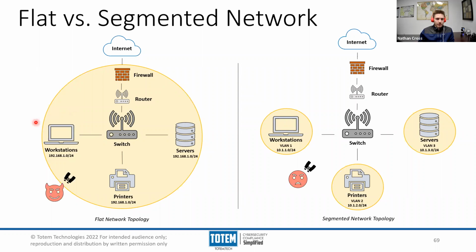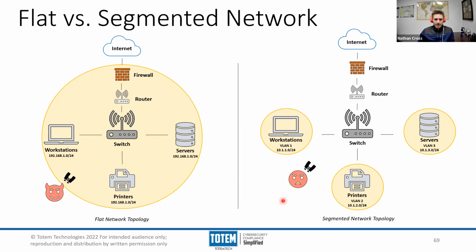Because if an adversary were to compromise a workstation, their path to everything else to begin spreading the ransomware is easy, because they can see everything, they can access everything, and it's open access essentially. So we definitely do not want that. This only exacerbates the problem and continues to fuel attacks like ransomware.